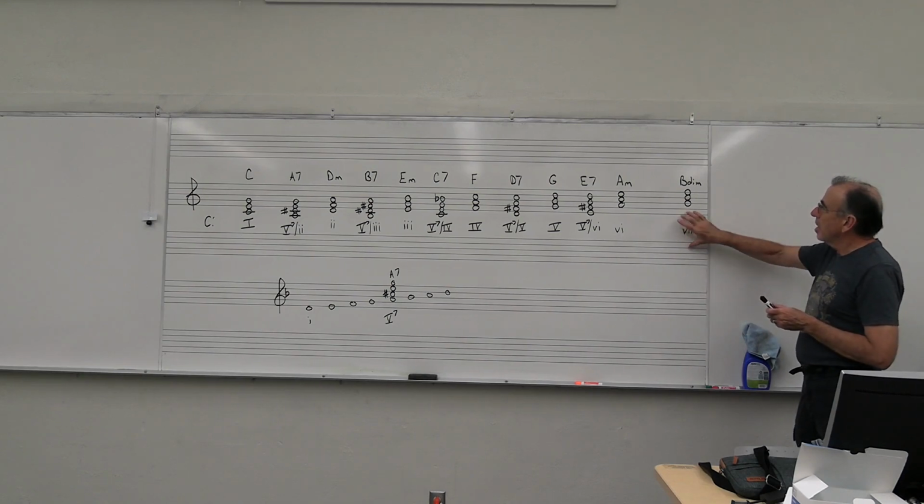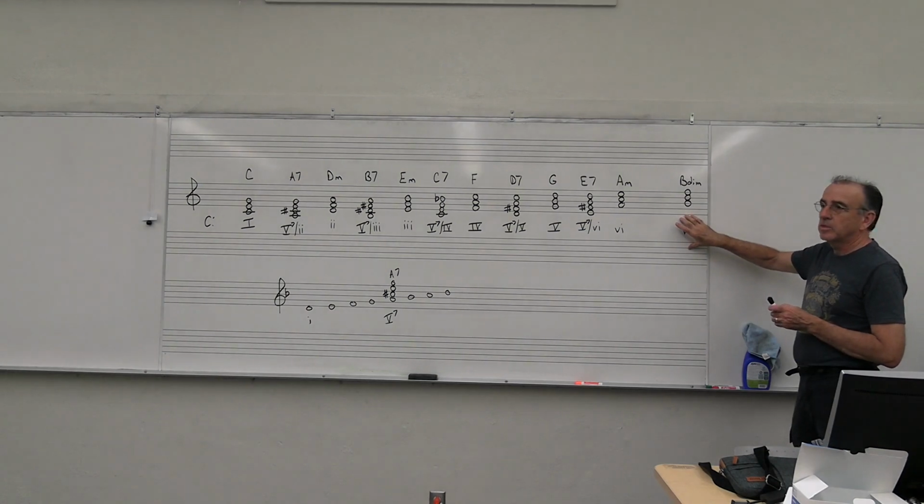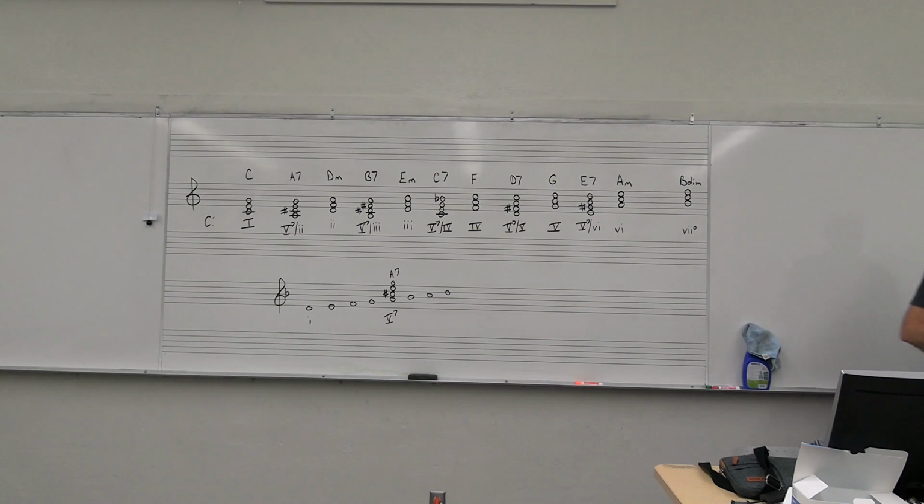And then again, I'm not going to tonicize the B diminished. So if I've got my triads in the key of C, this is the 1 chord, the 2 chord, the 3 chord, 4, 5, and 6. Those are the ones I can really tonicize. So the 1 I'm not going to tonicize.